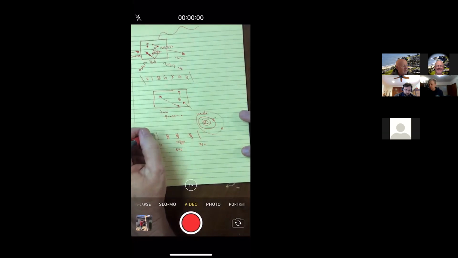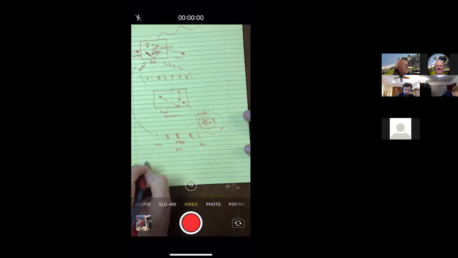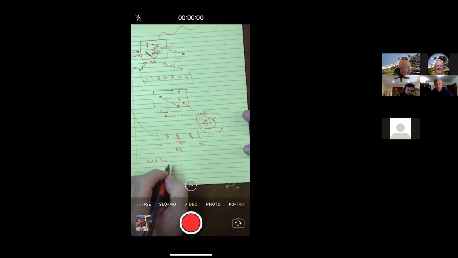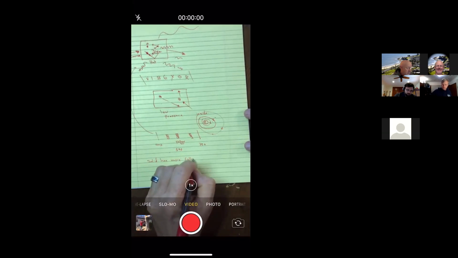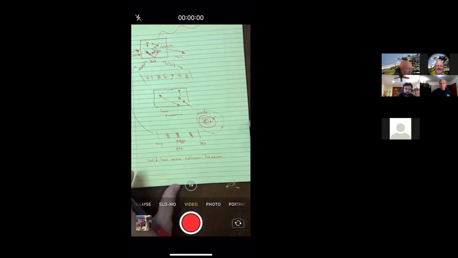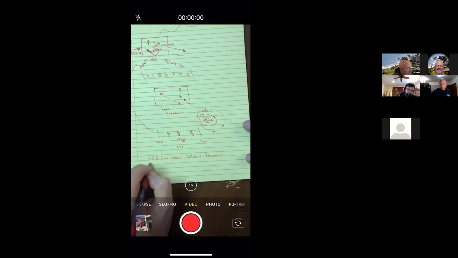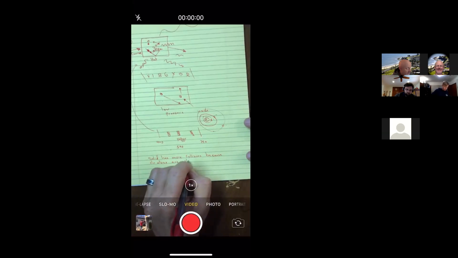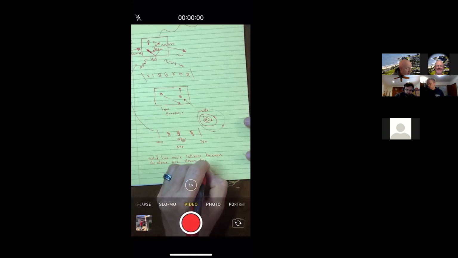To make it simple, I would say that the solids had more collisions because the atoms are closer together.